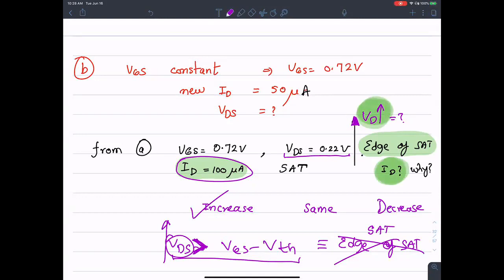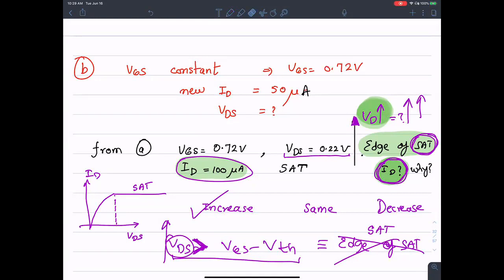Remember the good old curve? There is the increasing ID, and then there is the saturation. This is VDS, this is ID. The very definition of saturation is a constant current value. By increasing VDS, as long as I'm in saturation, the current should not change.